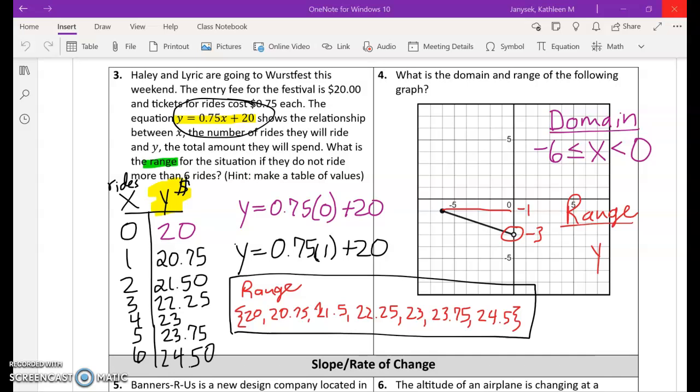So the lowest is -3 and the highest is -1. Remember, it's always least to greatest. Now -3 has an open circle, so it's going to be less than, whereas -1 has a closed circle, so it's less than or equal to. So there is our domain and range of that graph.